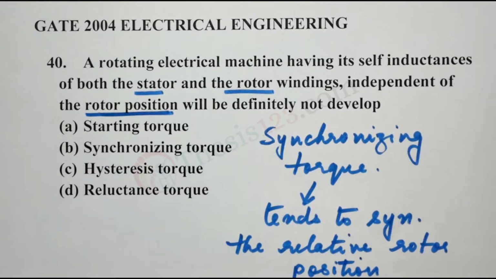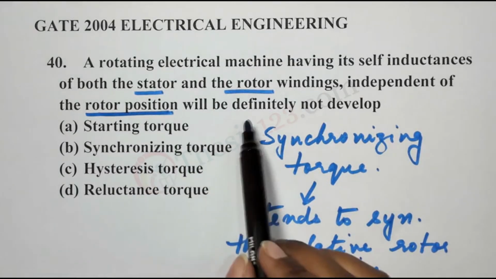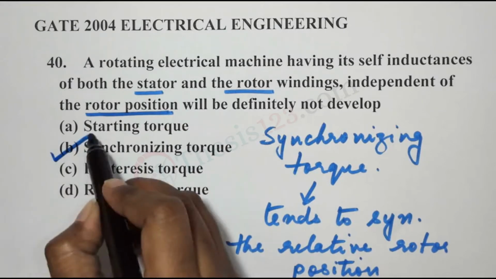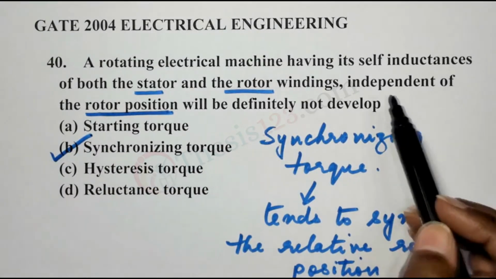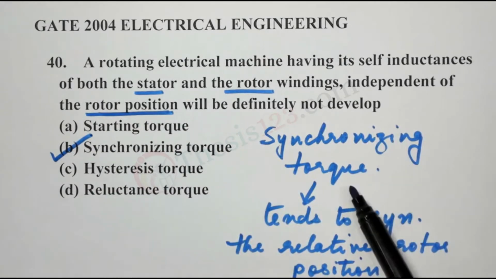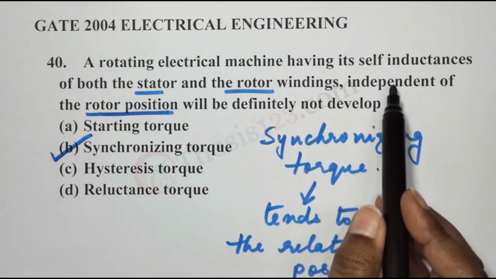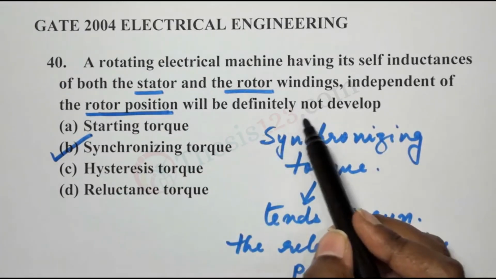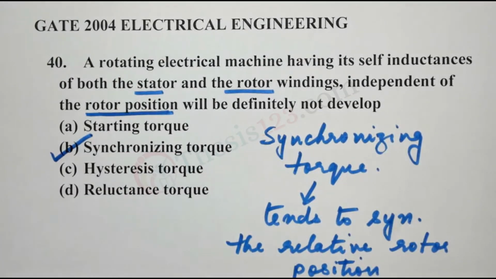And it is because of this that the answer over here is synchronizing torque. Now the question says that it is independent of the rotor position, but synchronizing torque tends to sync with the rotor position. That is why, because it is independent of the rotor position, it will not develop synchronizing torque. So here B is the right answer.